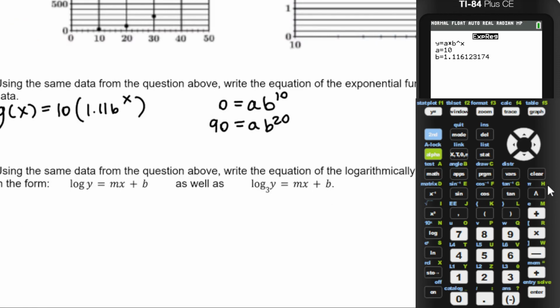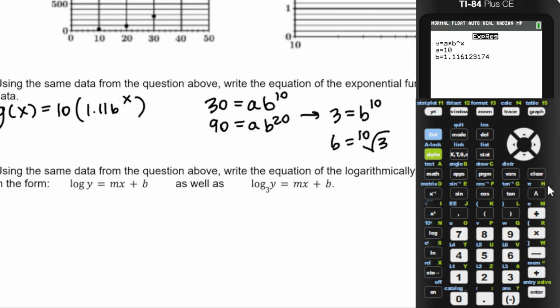I'm supposed to get 3, because that was the whole thing with the common ratio. So 3 equals a divided by a, which is 1, times b to the 20 divided by b to the 10, which is b to the 10. So b is going to equal the 10th root of 3. Not the cube root, the 10th root. Okay, I didn't change that.